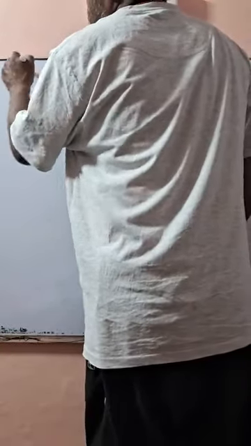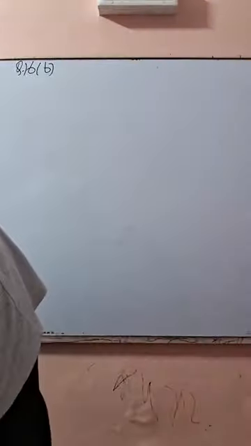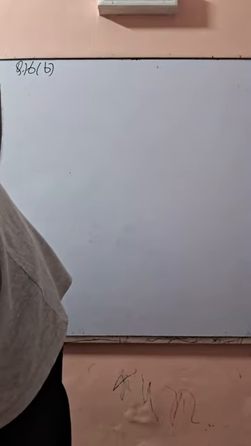We have question number 16 B, means part 2. ABC is a right angle triangle.